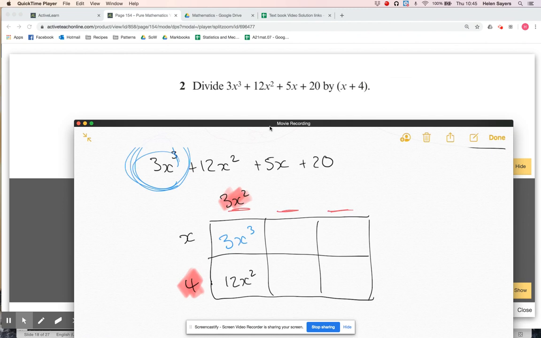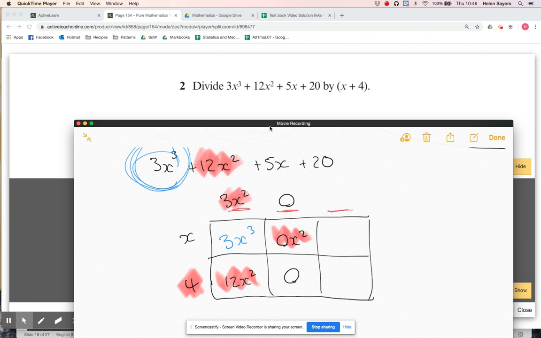And again, the x squared term should be 12x squared. So this is going to be my other x squared term in that box there, but that needs to be 0x squared, because I've already got the 12x squared, which would mean that that is 0.